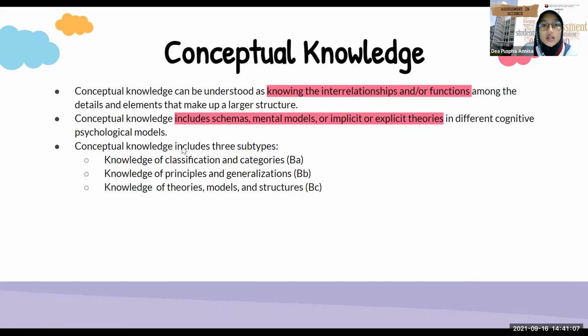There are 3 subtypes of conceptual knowledge, which are knowledge of classification and categories, knowledge of principles and generalization, and the third one is knowledge of theories, models, and structures.